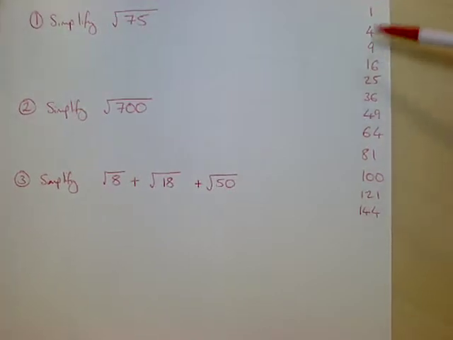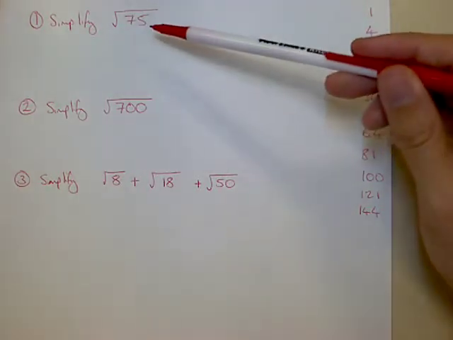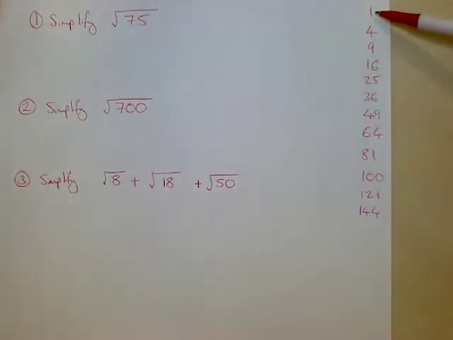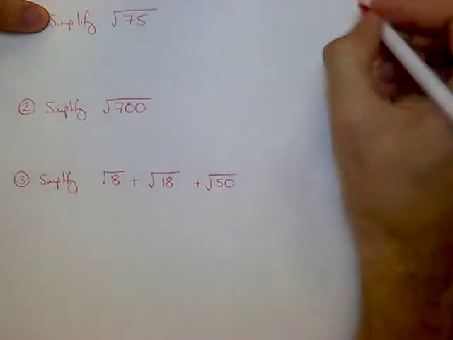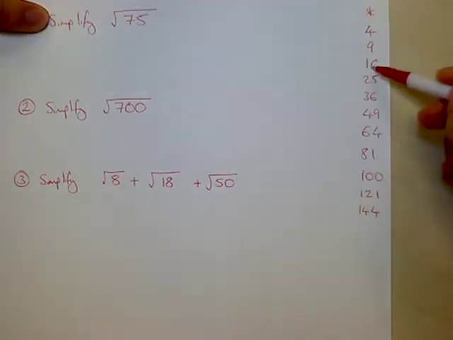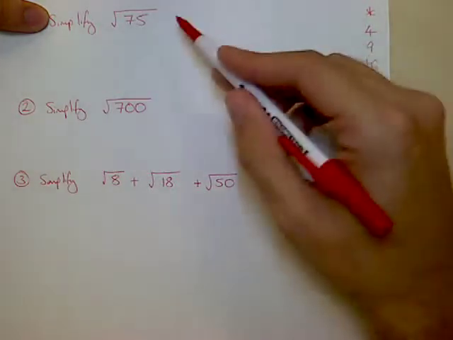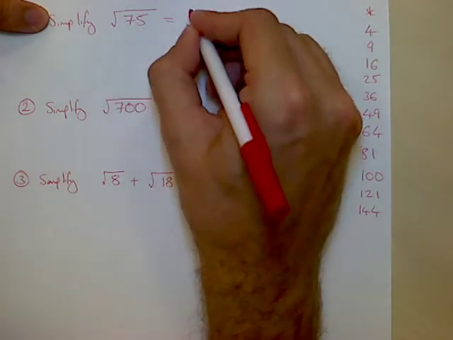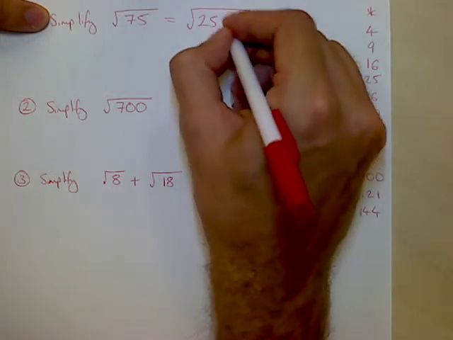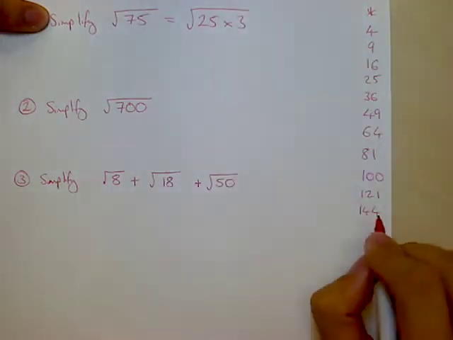And we're basically thinking which of the numbers on this list is the biggest one that will divide into 75. And I would just start from the bottom. 1 is never going to be of any use to you, so you can ignore that one, but work your way up the list. And 25 is the first number we come to that will go into 75, because we can say that 75 is equal to 25 times 3.